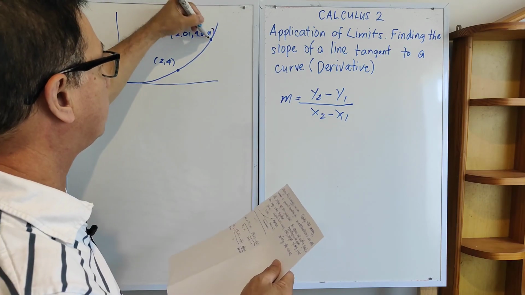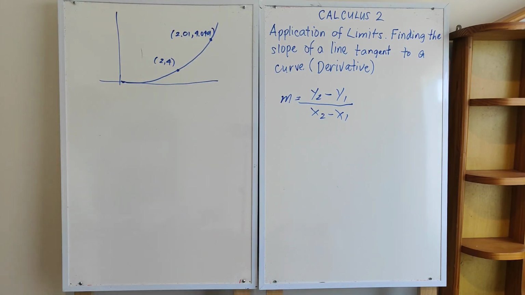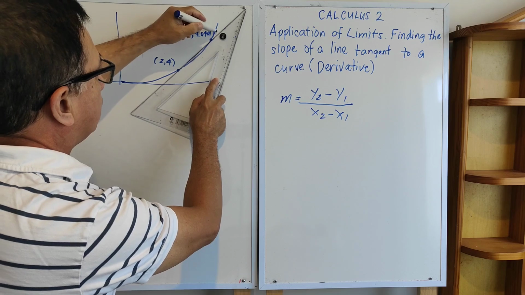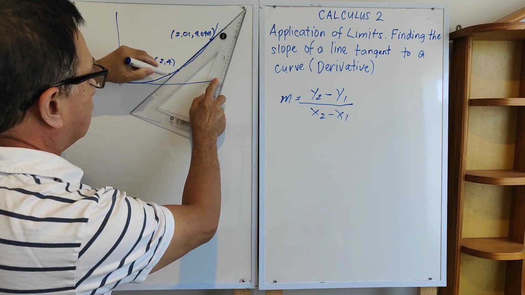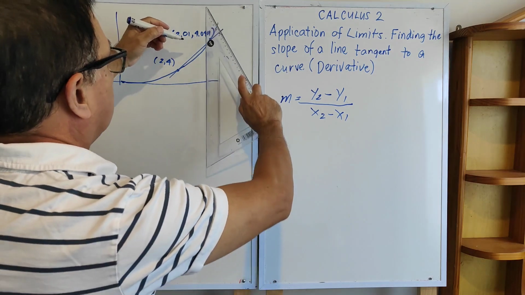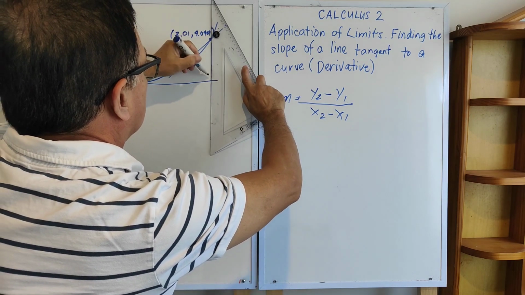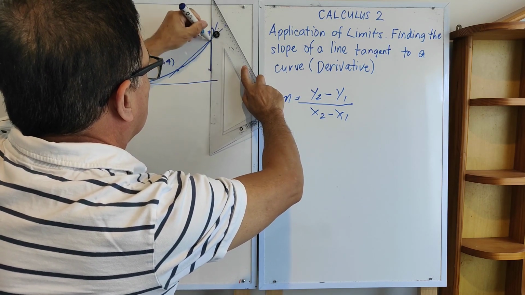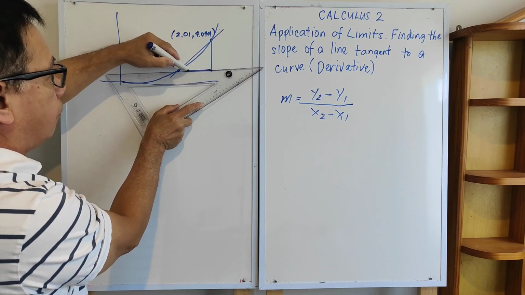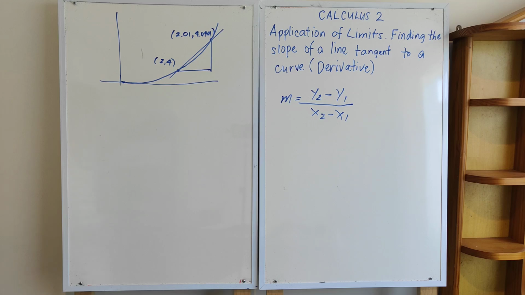So these are your 2 points. Earlier we were able to get this slope, 4.01, which is very, very close to 4.